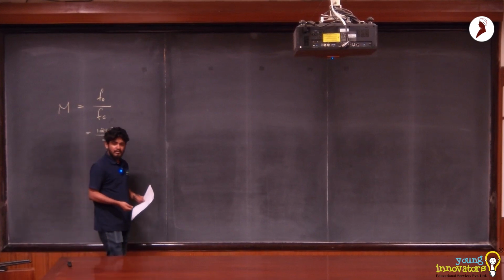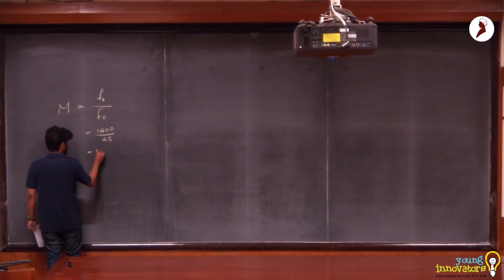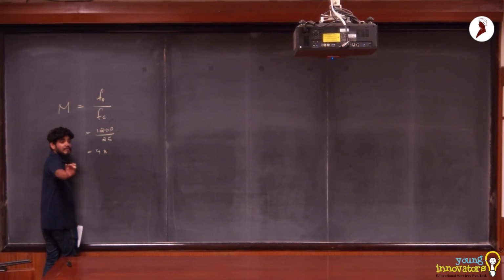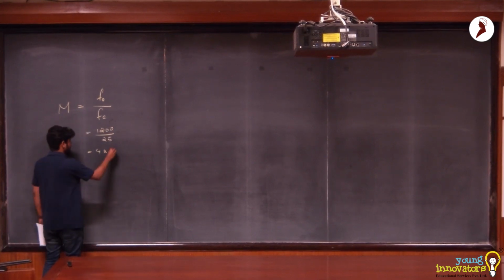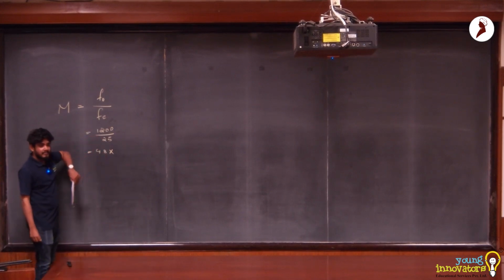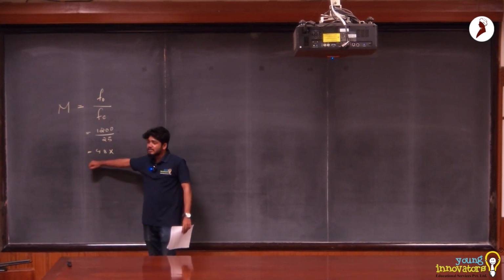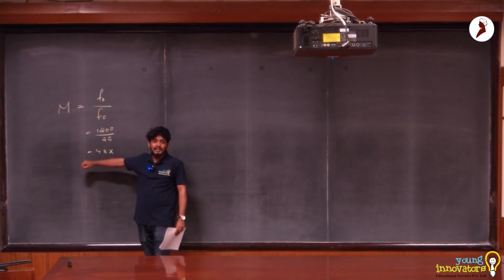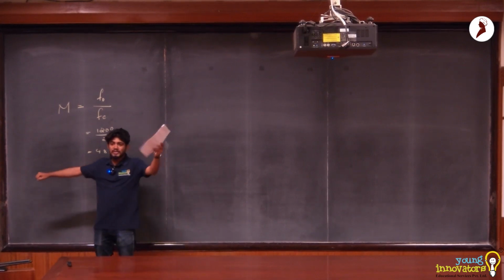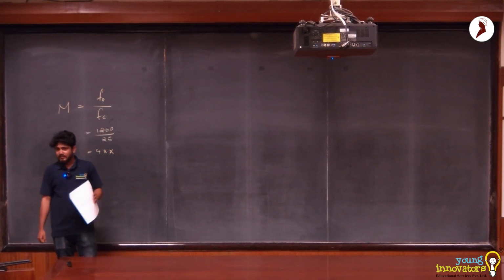Good. 48x. What do you mean by 48x? Very good. 48x. 1200 by 25. Alright? Which means the object appears 48 times its actual size through the naked eye. This I have told you.